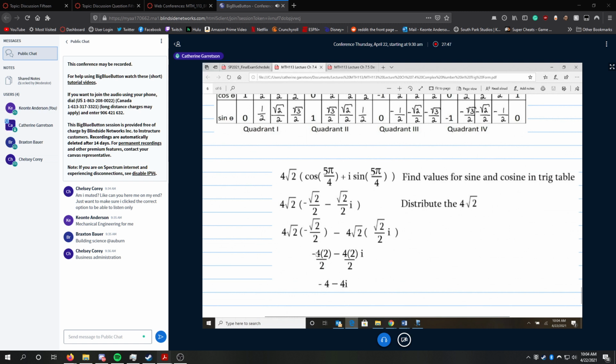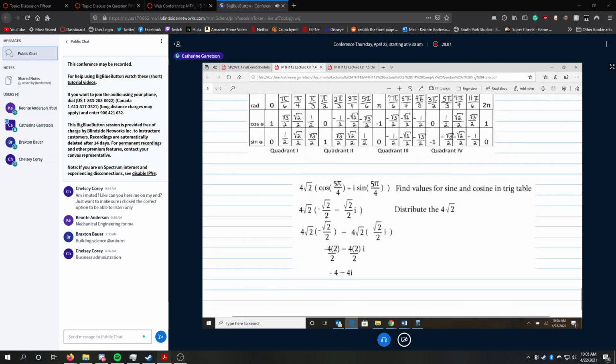And then what you see, this is 8 divided by 2 is 4, and 8 divided by 2 is 4, and this is a negative, and this stays a negative, and there's your complex number back. So that's how: you just go to the trig table and then distribute, and then you get it back. This is why I was saying, once you put it in trig form, don't simplify it, just leave it like that.